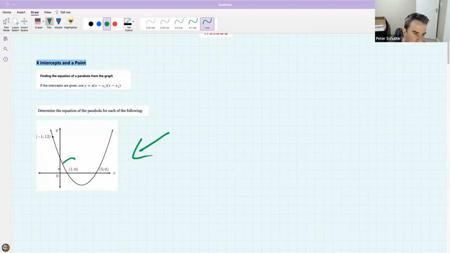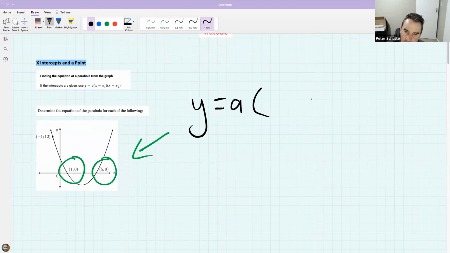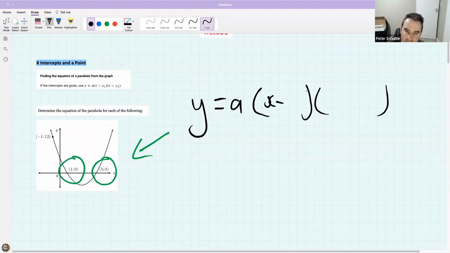The important thing I notice is the x-intercepts are 1 and 5. So I'm going to write the parabola in root form. When I write it in root form, I always have x minus something and x minus something, and those somethings are the x-intercepts. So it's going to be a 1 and a 5.